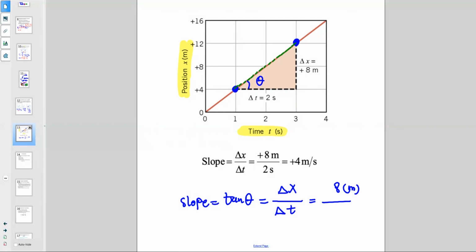We already knew it was a plus, right? So 8 meters divided by 2 seconds. So I have 4 meters per second as the slope. And we know what the slope is. What is the slope? Average velocity, exactly. Average v. Why is it average? Because we have 2 points. Okay.